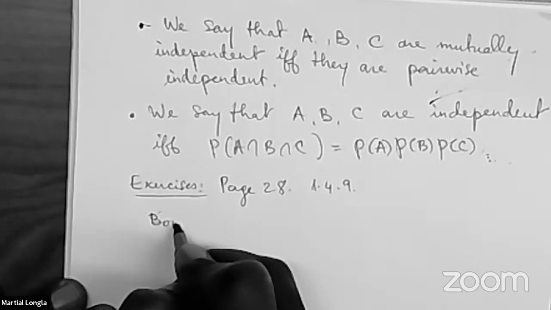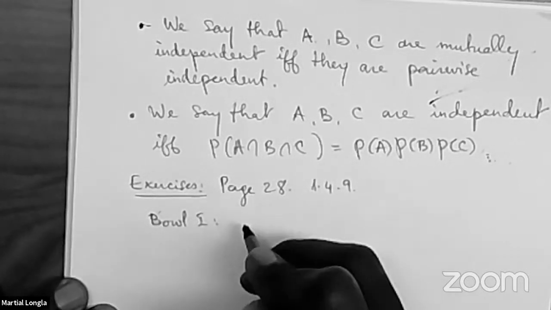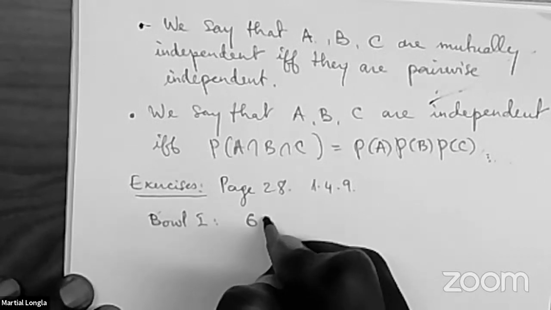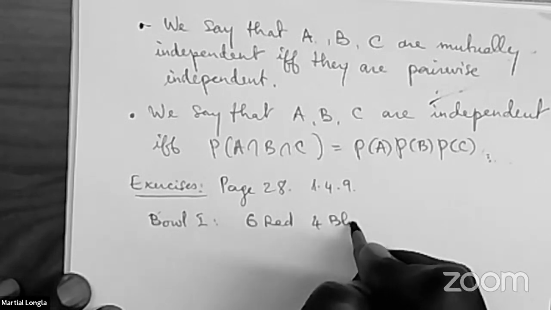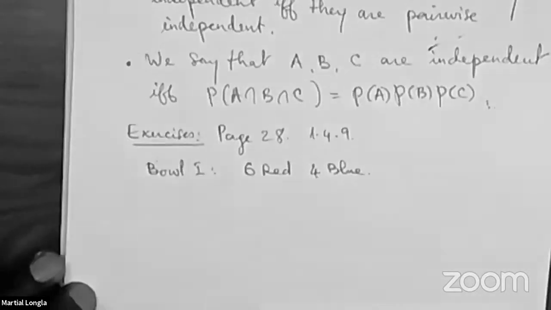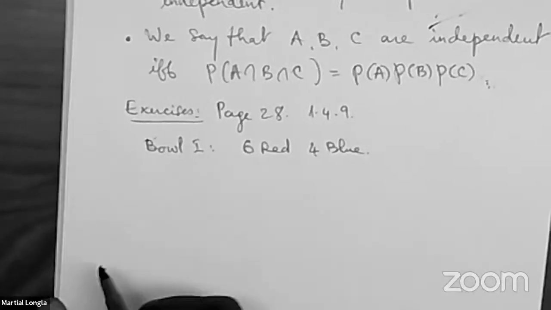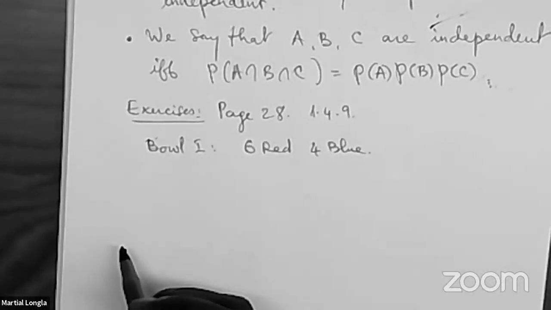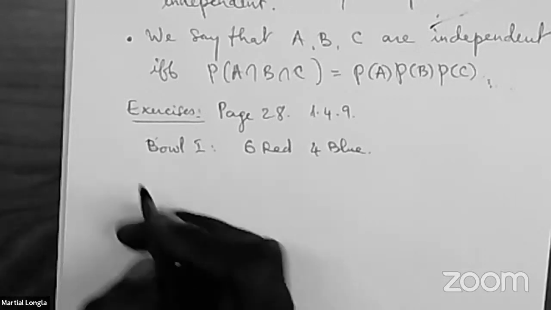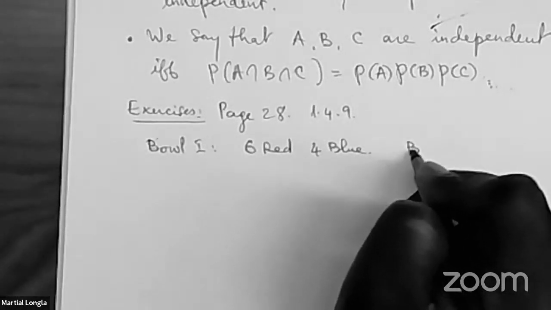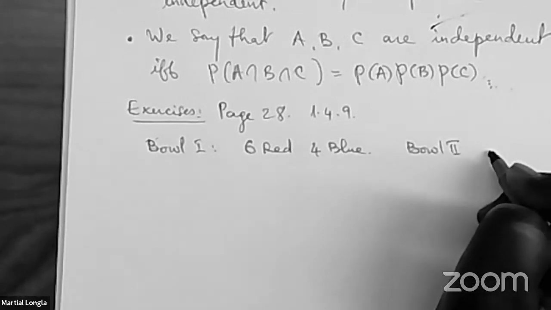So we have ball 1, which contains 6 red and 4 blue. Let's forget about the chips. Just say red and blue. 5 of these 10 are selected at random without replacement to put in ball 2, which was originally empty. So ball 2 is empty.